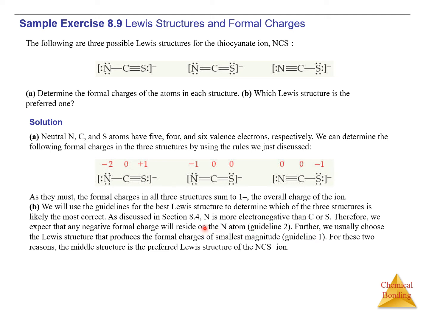Nitrogen is more electronegative than carbon or sulfur. Therefore, we expect that any negative charge will reside on the nitrogen atom. So this is the preferred Lewis structure. Further, we usually choose the Lewis structure that produces formal charges of the smallest magnitude. For these 2 reasons, the middle structure is the preferred Lewis structure of the NCS- ion.